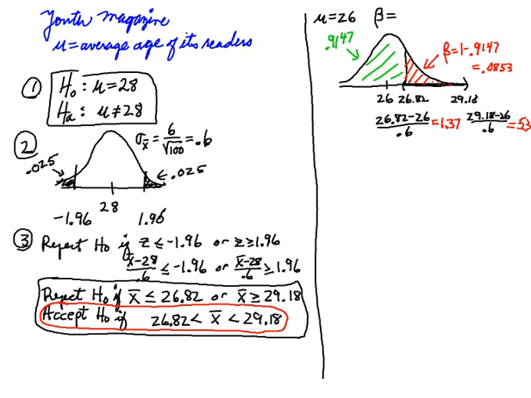So my beta probability is 0.0853. So if they claim that the average is 28 of their readers, and I go in and get a sample of size 100, calculate the average on the sample, and use my decision statement that I created for samples of size 100, then I would have an 8.53% chance of making a type 2 error.